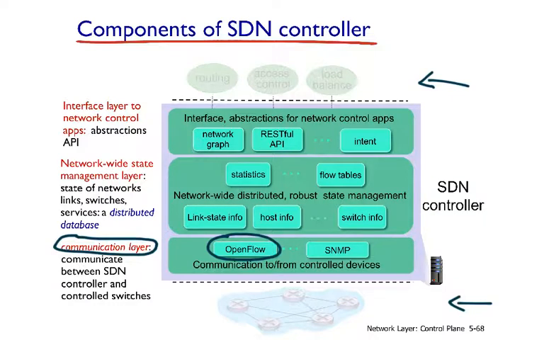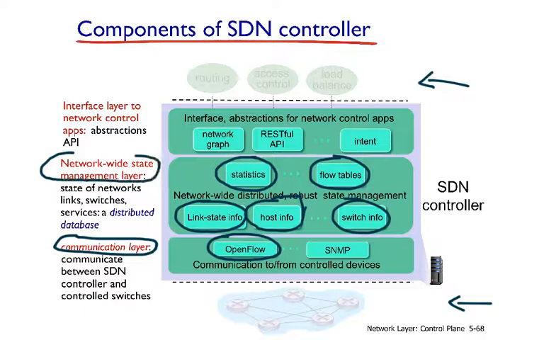Then we have a middle part to have information about the link states, the hosts, and the switches, in order to retrieve statistics, and also information about the content of the flow tables, which is the remaining space they have. This layer is called the network-wide state management layer.